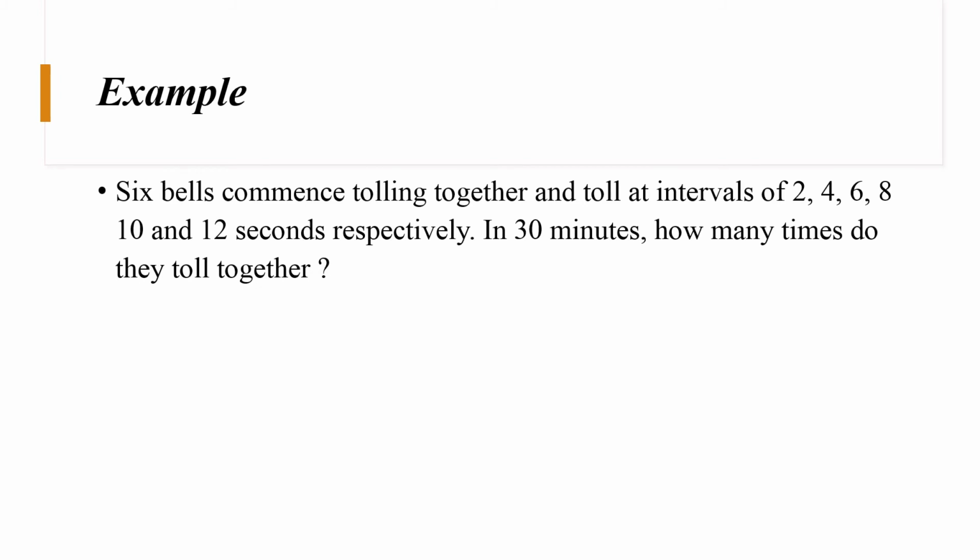For this problem first you need to find the LCM for 2, 4, 6, 8, 10 and 12, because if we find the LCM for these seconds, the answer will be how many seconds the bells toll together. The LCM for 2, 4, 6, 8, 10 and 12 is 120 seconds.